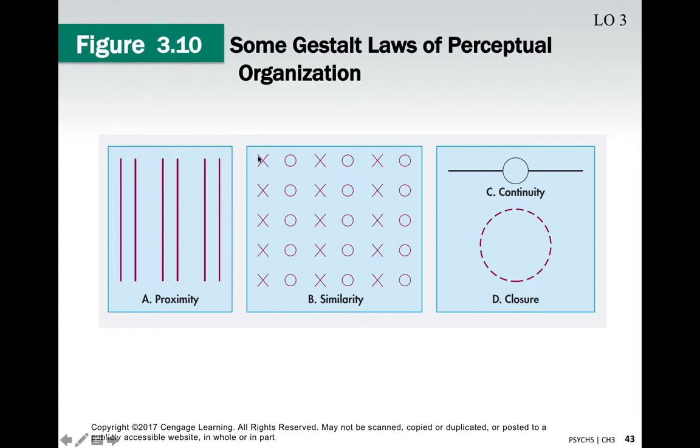You're more likely to organize these into rows of X's and circles because of similarity. The X's are similar, the O's are similar. Continuity: the line continues despite having the circle in the way. Your mind can fill in the gaps on its own. And then closure: we can fill in the gap. We know this is a circle even though it is somewhat incomplete, kind of like the picture of the man on the horse in figure 3.8.